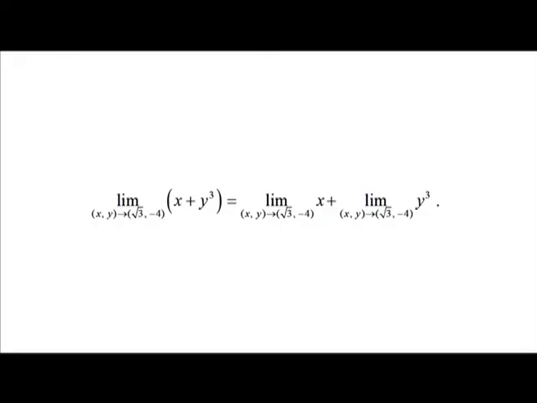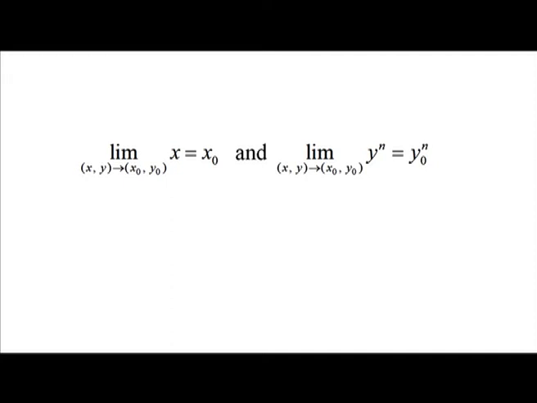Let us evaluate some limits. Applying the sum rule of limits, we have the limit as (x, y) approaches (root 3, negative 4) of x plus y cube is equal to the limit as (x, y) approaches (root 3, negative 4) of x plus the limit as (x, y) approaches (root 3, negative 4) of y cube.